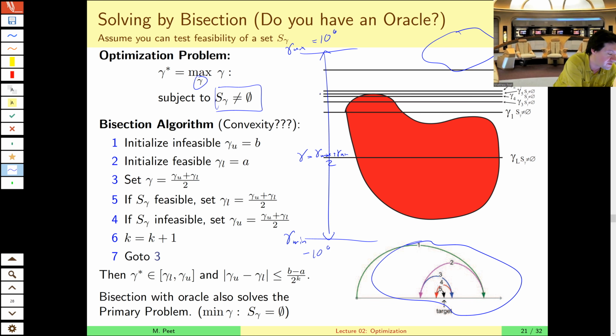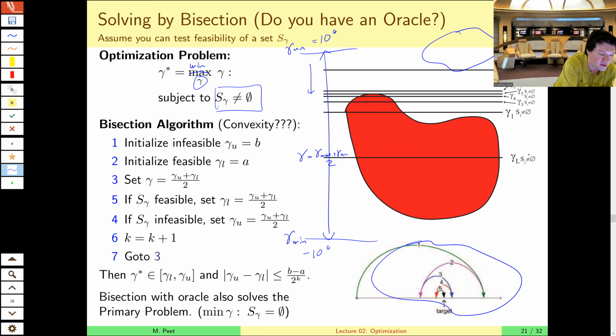So basically we're trying to find, actually it looks like in this case we're finding the minimum gamma, so we should actually make this min. And we test whether that's feasible. Okay, well, it is feasible.